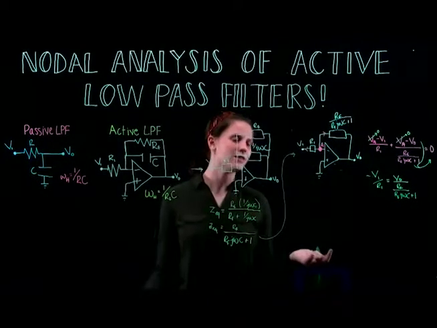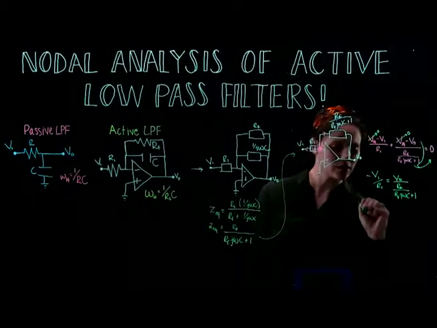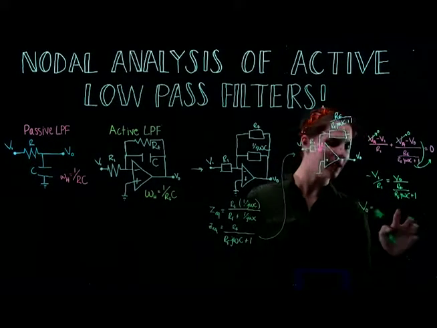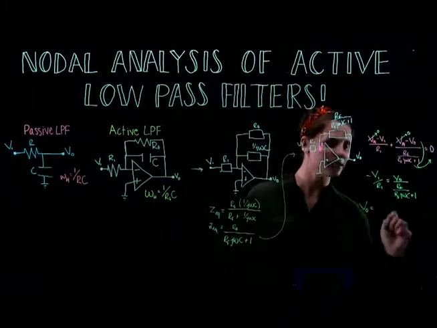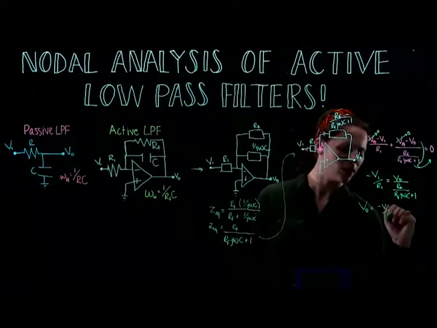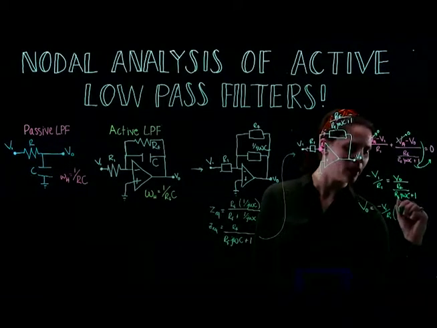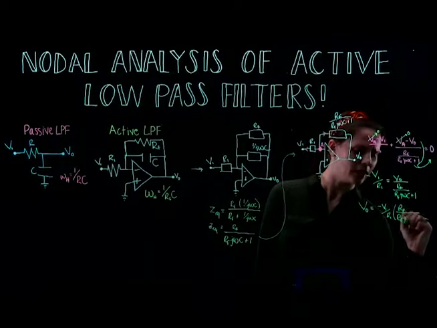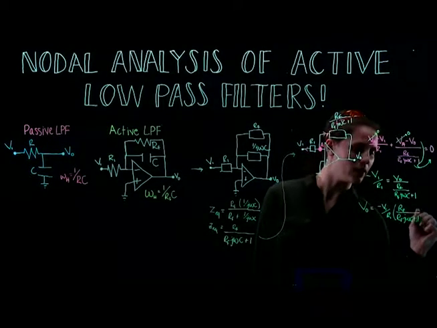And now, to solve this, we will get our V out, just by multiplying by this equivalent impedance here that we've solved for, our V out equals negative V1 divided by R1 times RF over RFJWC plus 1.